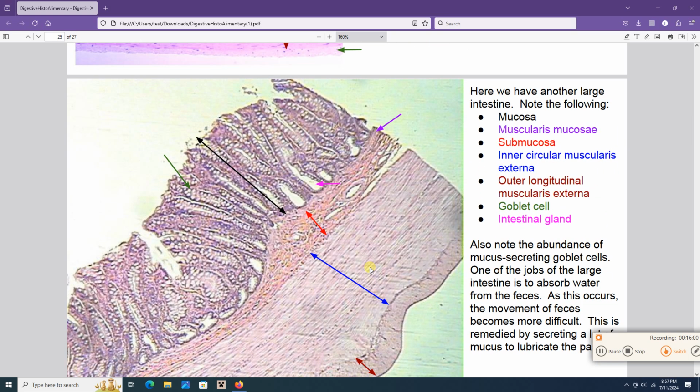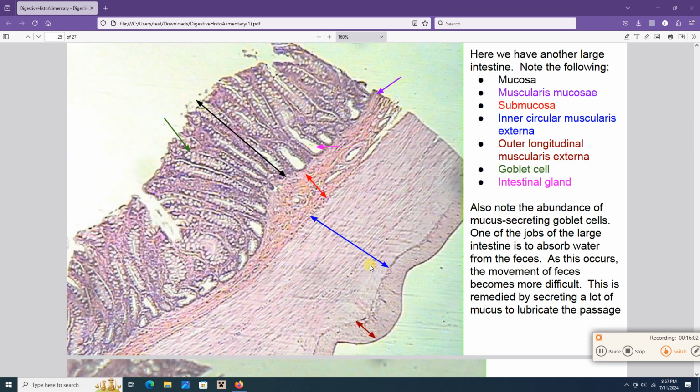If I zoom in a little bit, not really zoom in actually, just get a different view. Here's my mucosa. Look at all those goblet cells, all those clear guys in there. Intestinal glands as well. So one of the big jobs for the large intestine is to absorb water from poop.